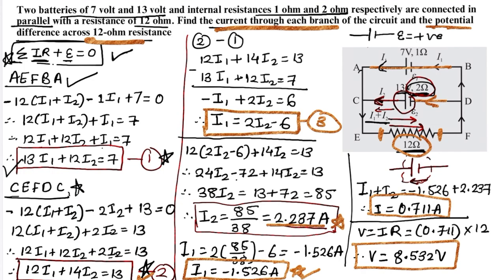By subtracting these two equations, we got the value of I1. Next we put the value of I1 in equation 2, and from this we got the value of I2. Then we added these two currents, which flow through the 12 ohm resistance, and we got the final value.